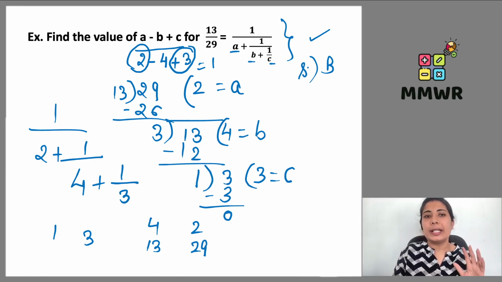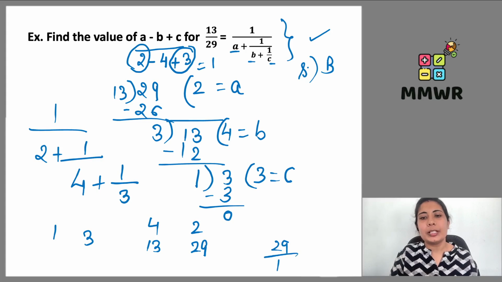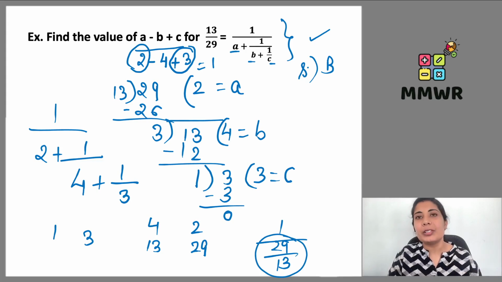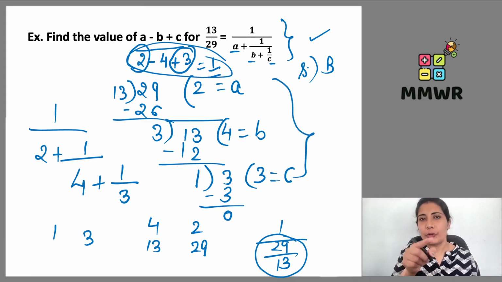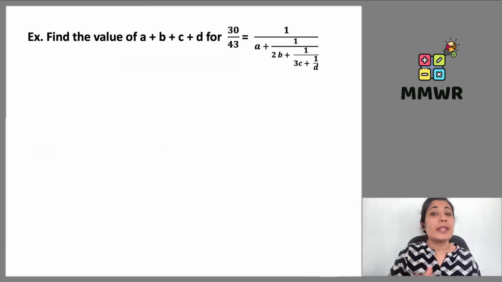So 1 upon 29 upon 13 will become 13 upon 29. This is 29 upon 13, but this is in the denominator of 1. So at the end, it will become 13 upon 29. Okay, so the answer is 1. This is the answer, but for that, we needed to get the values for ABC, for which we did this. Okay, let's move to the next example, in which we have to convert this 30 upon 43.